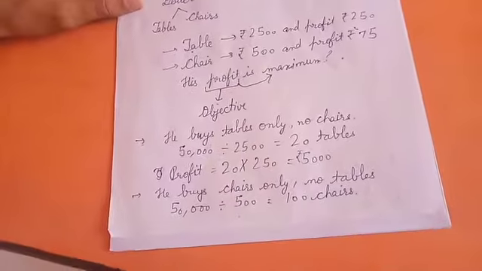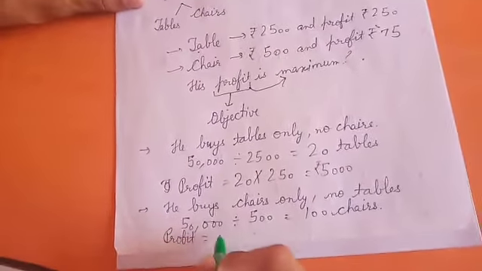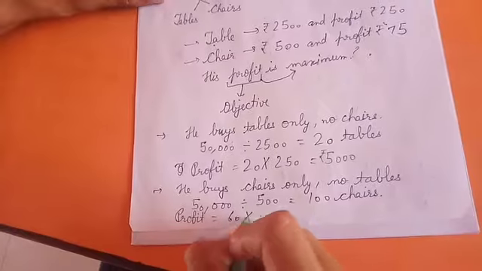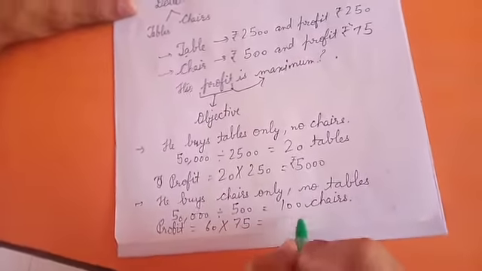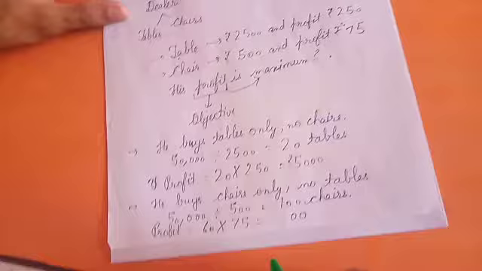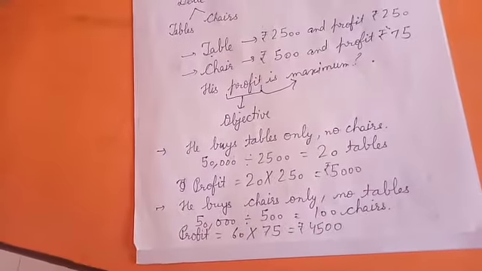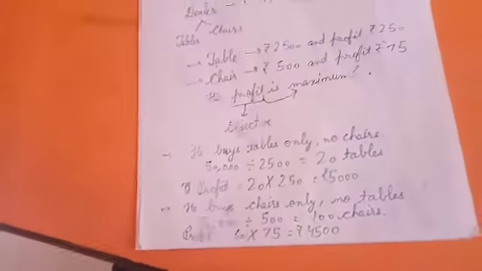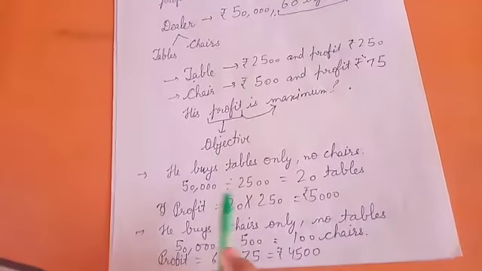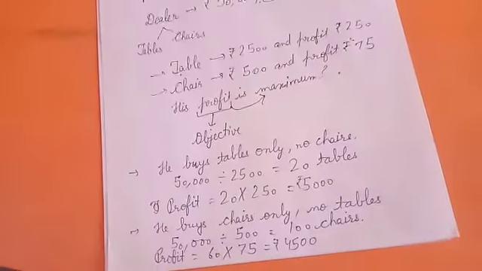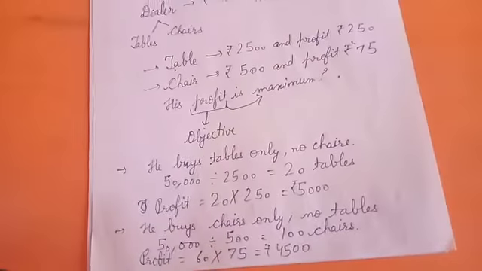Okay, and what will be his profit? His profit will be 60 into 75, that is 4,500 rupees. Okay, similarly we can, by using hit and trial method, say that he buys 10 tables and 50 chairs, or 20 tables 30 chairs, in this way.